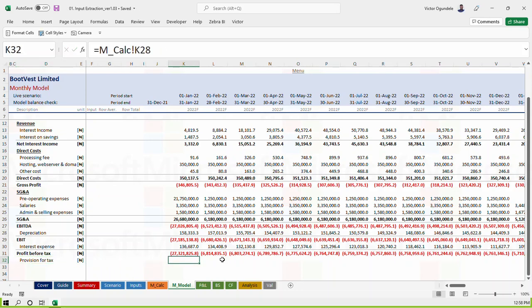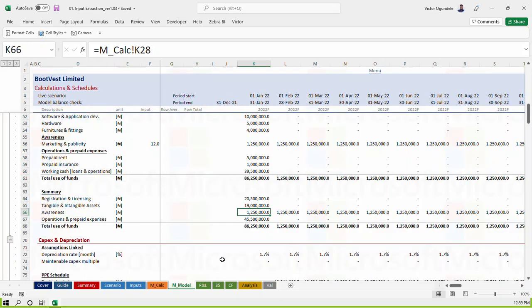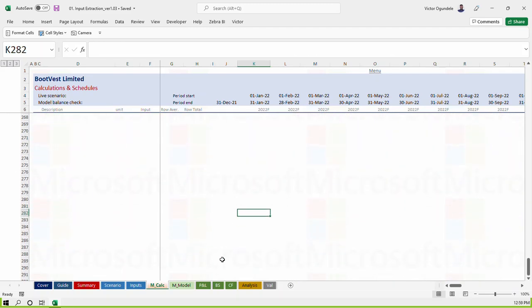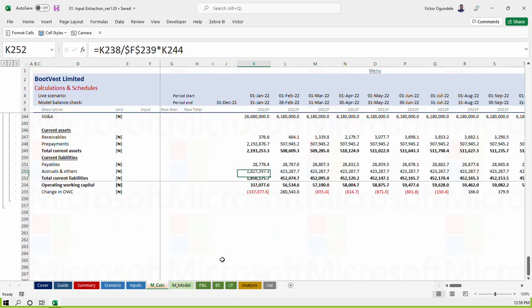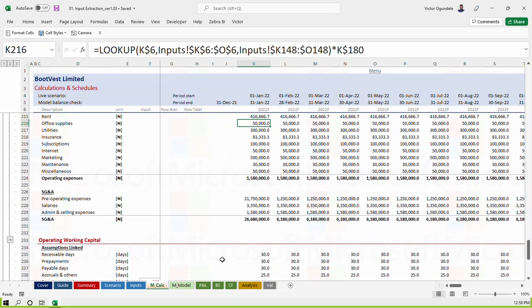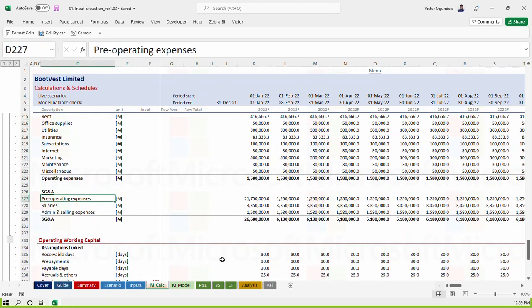Please, what constitutes the pre-operating expenses, because license fee should be amortized. Olakunle, are you sure you are still with us? Because when we were creating our SG&A, that was the discussion we had on which line item to expense and which one to capitalize. That's what forms our SG&A, that's what forms our pre-operating expenses.